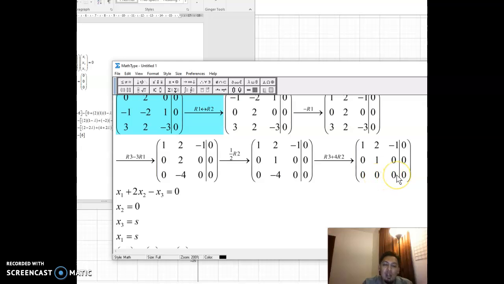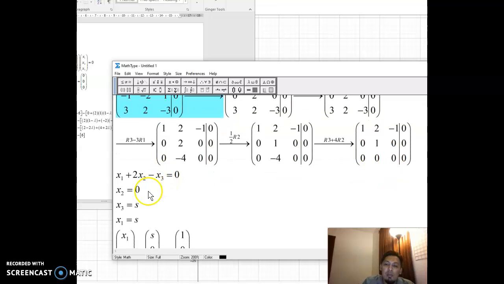So what I did here is I'll just put x3 as a symbol, S. So when I put this as S, I can substitute it in our original formula to obtain x1, because currently I have x2 as 0, I have x3 as S, but I don't have x1. So I will substitute this into the first equation to obtain x1.